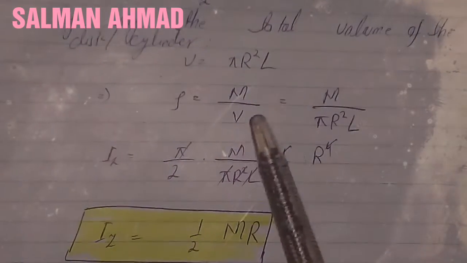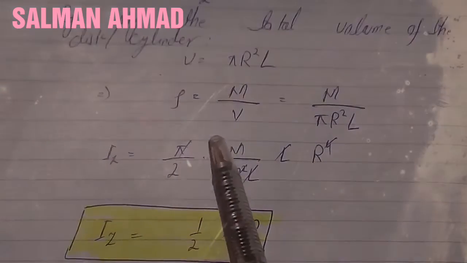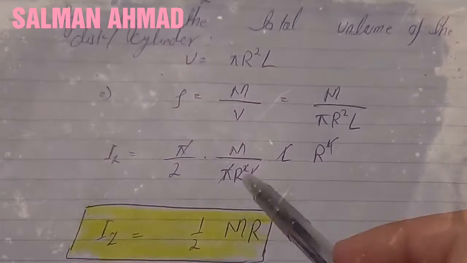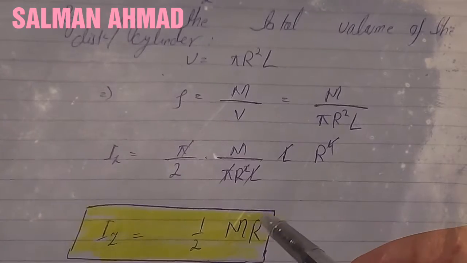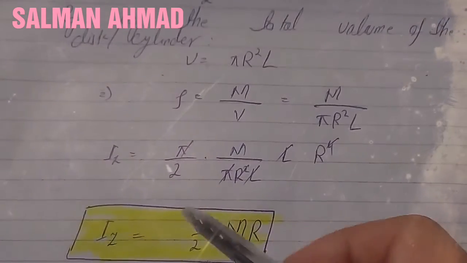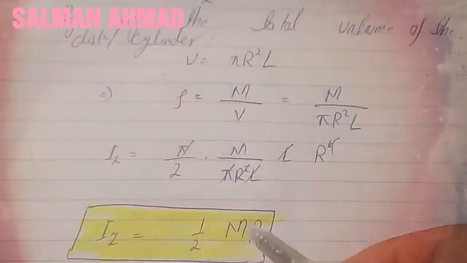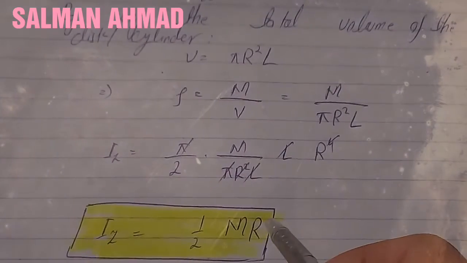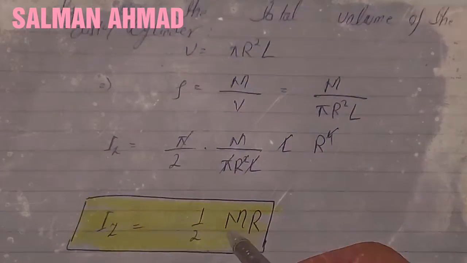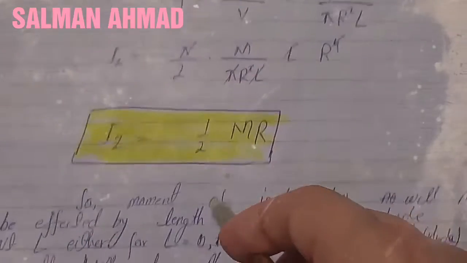Length does not have any effect on the moment of inertia of any body. Here you can see that the moment of inertia depends only on the total mass of that object and the total radius of that object.